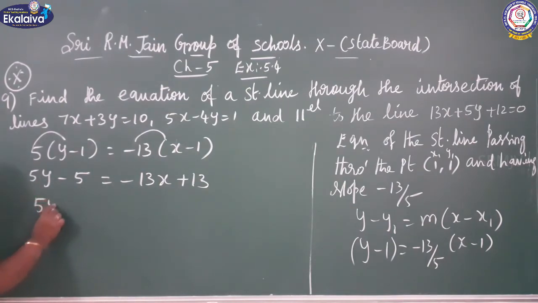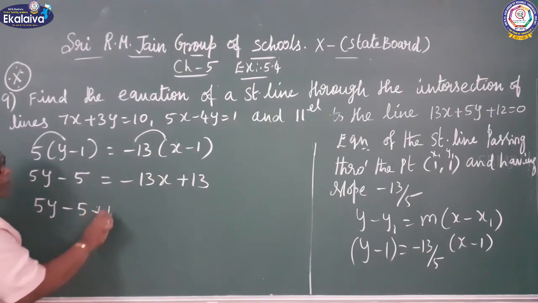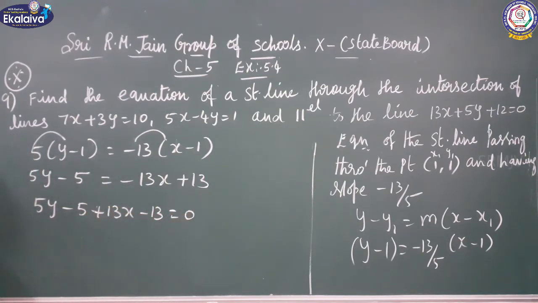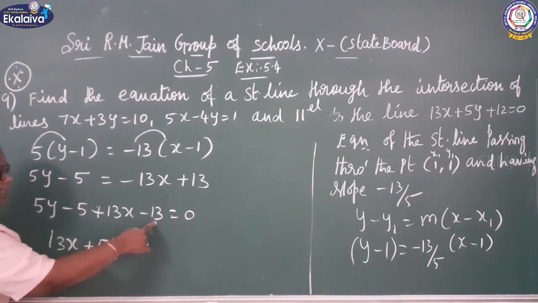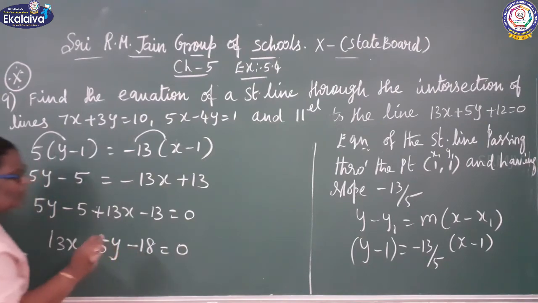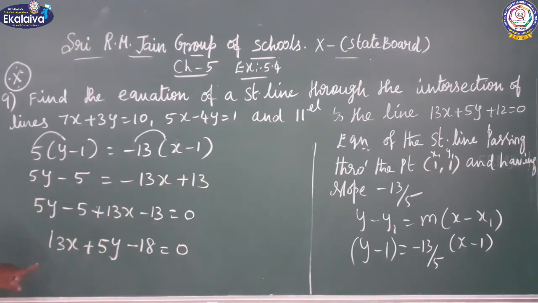So 5y minus 5 plus 13x minus 13 equal to 0. So 13x plus 5y minus 18 equal to 0. This is the equation of the straight line.